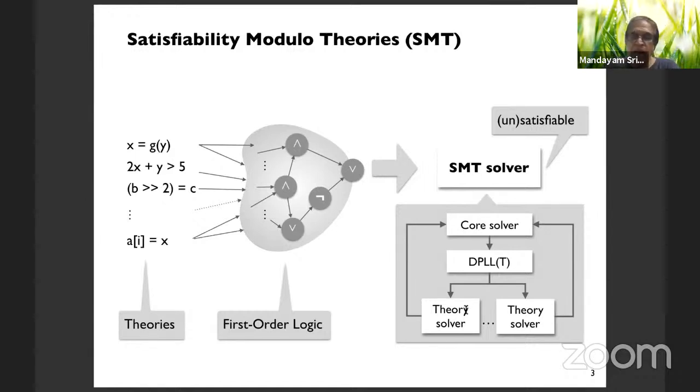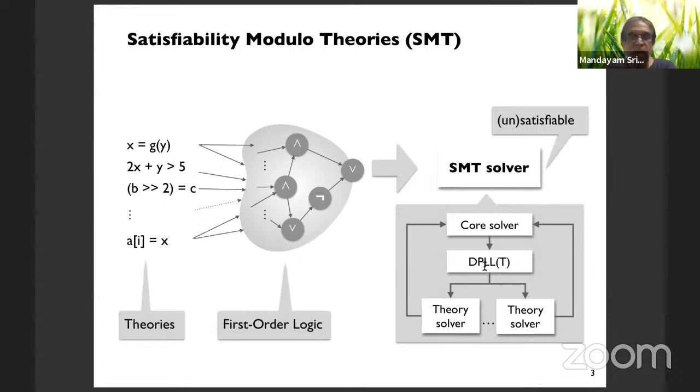And we saw how to decide the conjunctive fragment of a union of theories by propagating equalities. And we saw that that was decidable under certain restrictions.